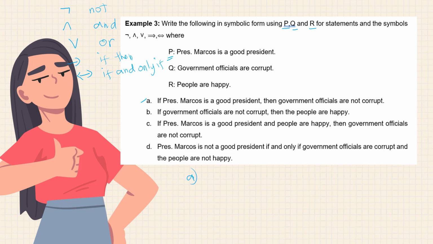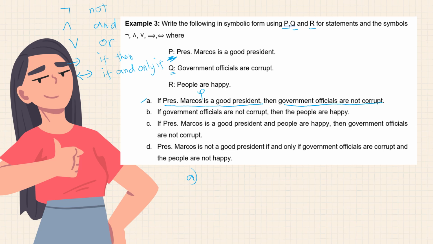For example, we have letter A. If President Marcos is a good president, then the government officials are not corrupt. You can see this is P, President Marcos is a good president. Then, government officials are not corrupt.